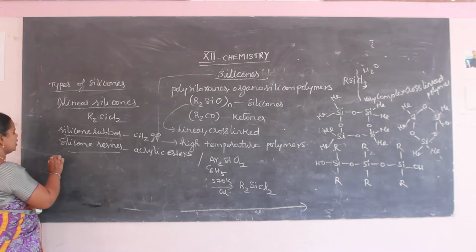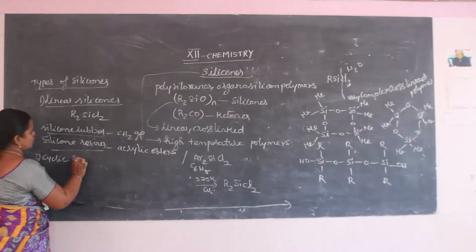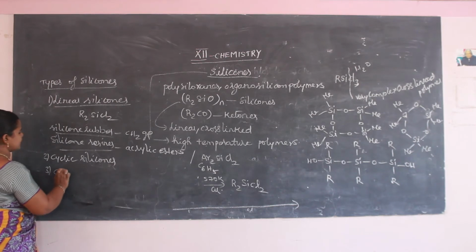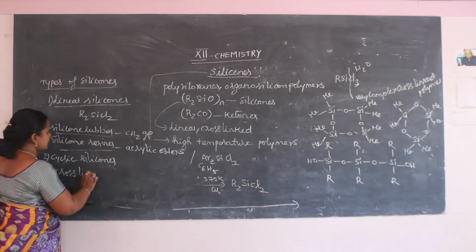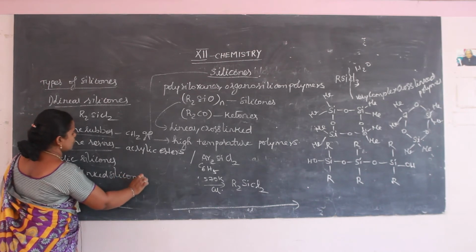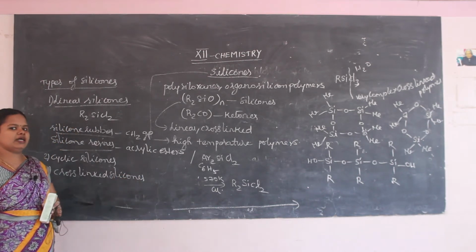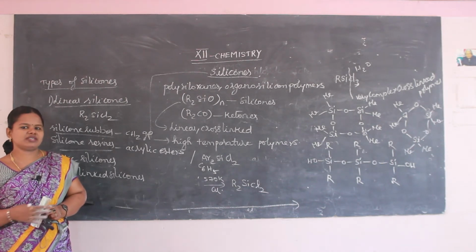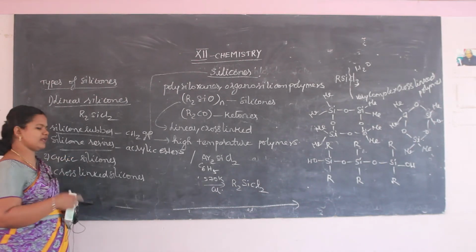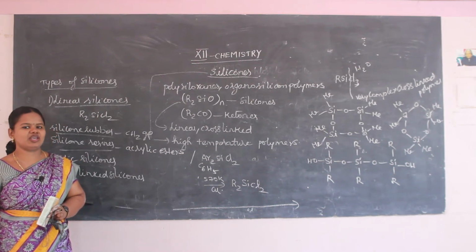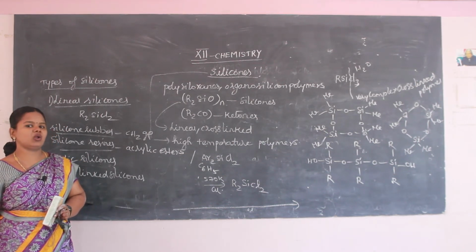Then the second one, cyclic silicones. Then the third one, cross-linked silicone. The cyclic silicones are obtained by the subsequent hydrolysis of R2SiCl2, and the cross-linked silicone is obtained by the hydrolysis of RSiCl3, that is monoalkyl trichlorosilane.